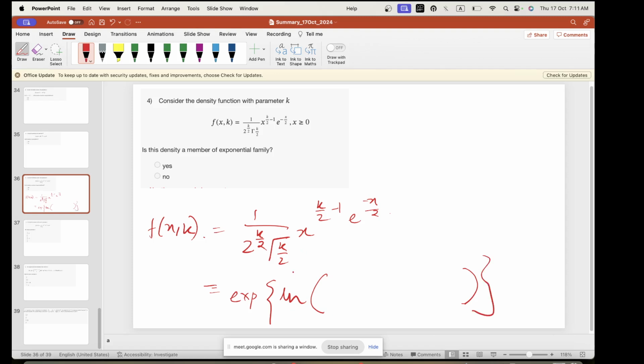So the first step is, whatever pdf you have, you take exponential and log, which gives exponential of log of 1 by 2 to the power k by 2 gamma of k by 2, x to the power k by 2 minus 1, e to the power minus x by 2. Now just expand this. We have to match it to that exponential form.